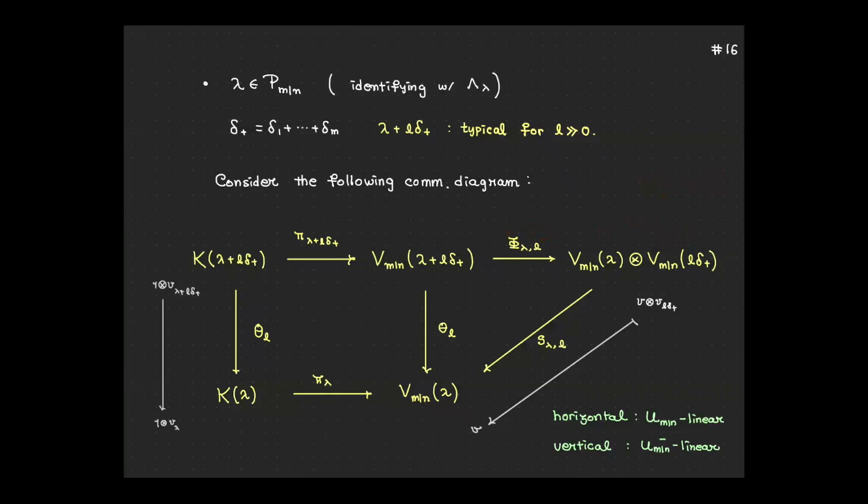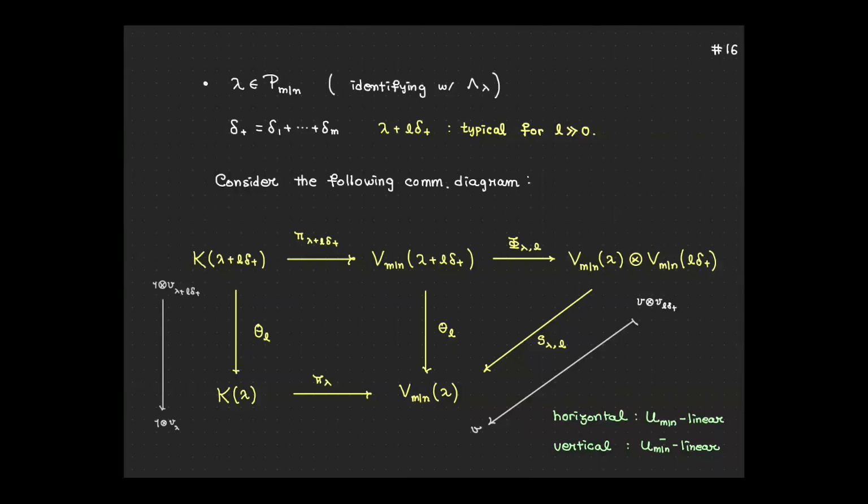Also we can take not U_q(gl(m|n)) linear but U_q minus linear, which sends this kind of tensor vector, with the highest weight vector in the second factor, to the vector v. We consider this diagram, where the vertical maps are just U minus linear isomorphisms, and theta L is the composition of these two maps.